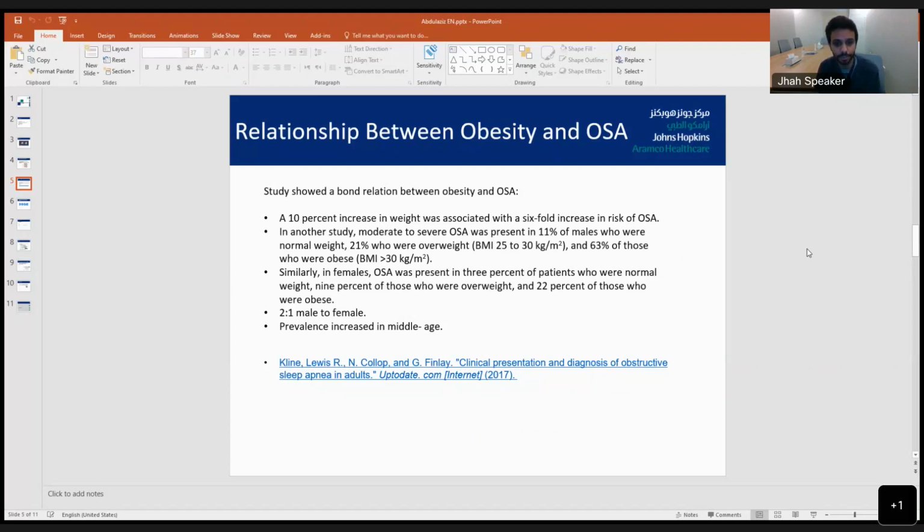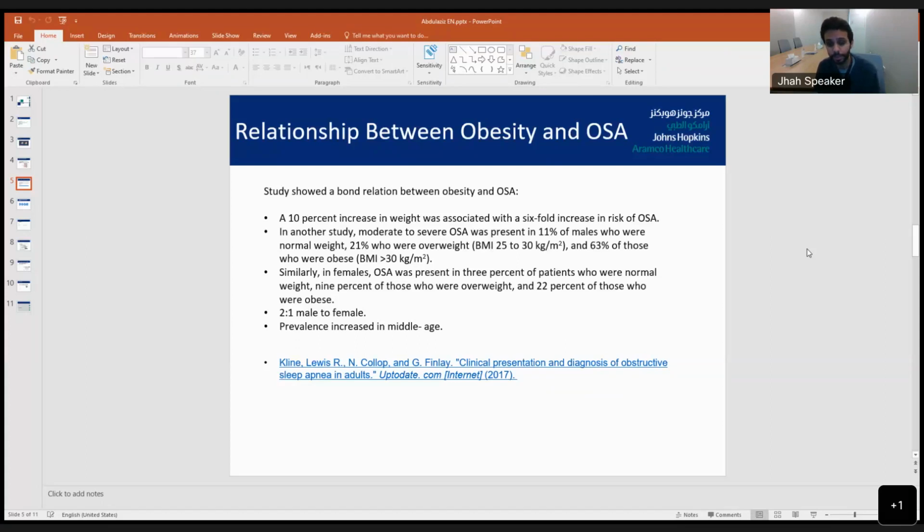Another study says that moderate to severe OSA was present in 11% of males who were normal weight, but in 21% of those people who were overweight, with a BMI of 25 to 30.